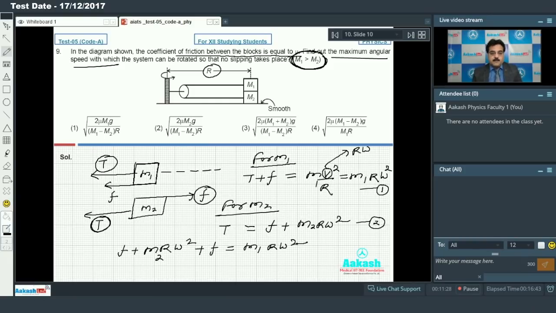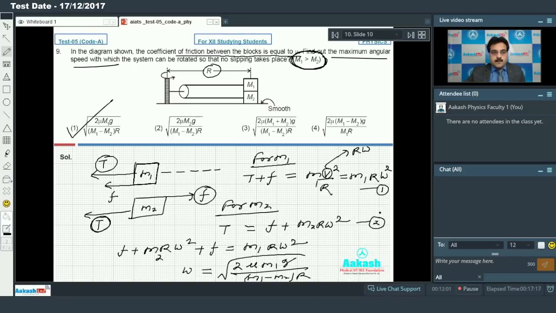But I need to calculate omega, so if I take omega square as common, we'll get omega is equal to root of 2 mu m1 g divided by (m1 minus m2) into r, because omega is in terms of square, so there is a need of root. So the final value of angular speed is root of 2 mu m1 g divided by (m1 minus m2) into r. So my option number 1 is correct.